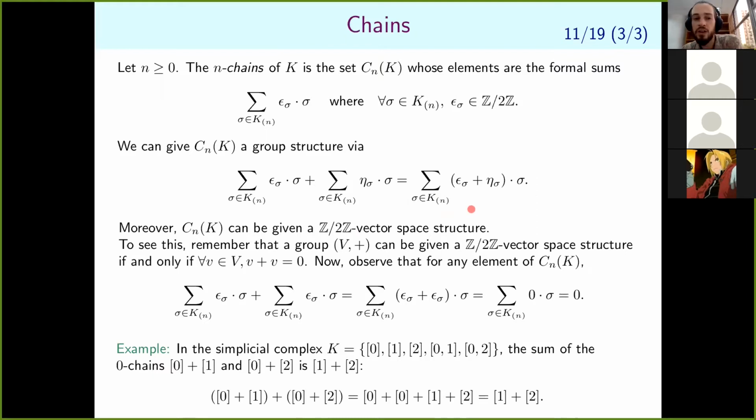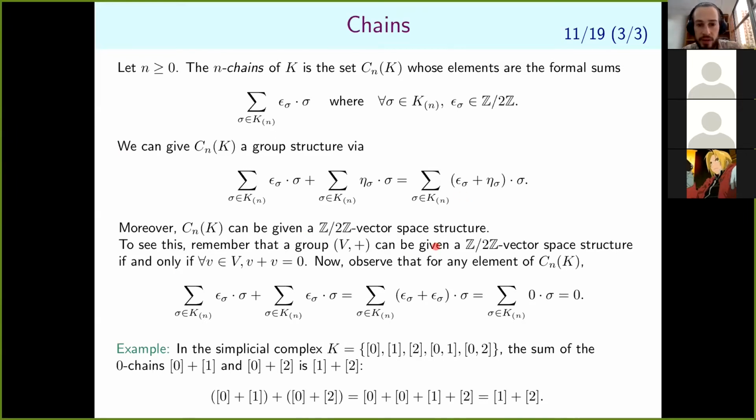I just add the coefficients, simplex by simplex. You can show that this makes Cn of K a commutative group. And moreover, we can give Cn of K a vector space structure over Z over 2Z.